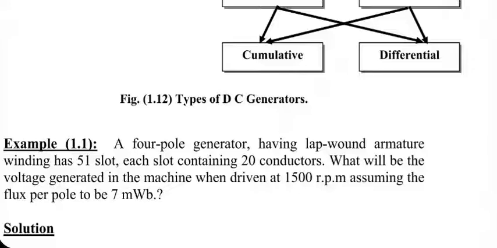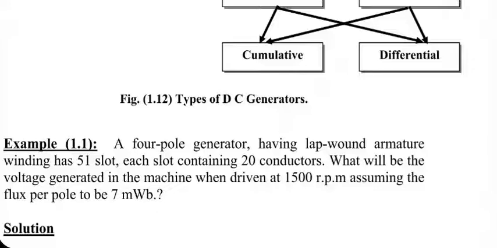What will be the voltage generated in the machine when driven at 1500 RPM, assuming that the flux per pole is 7 milliweber? And when he's saying voltage, he means EMF. That means it's an open circuited machine we are looking at. It's a straightforward application of the formula EB equal to phi ZNP divided by 60A.